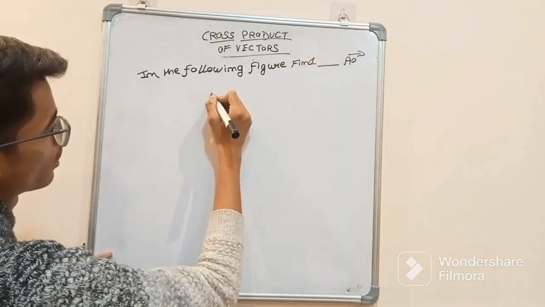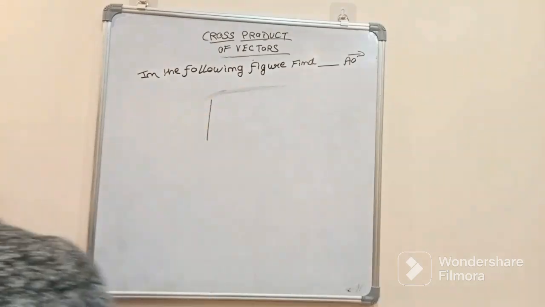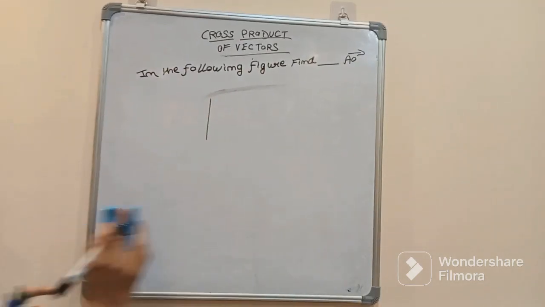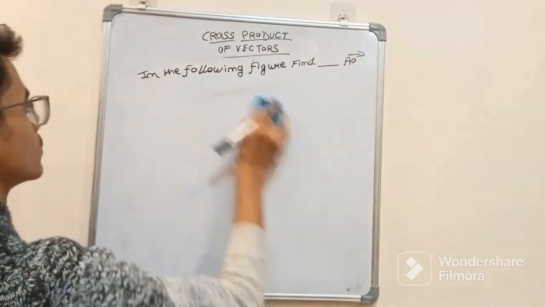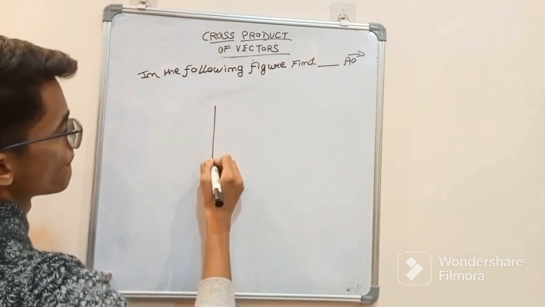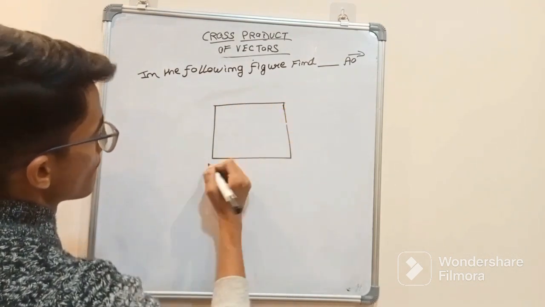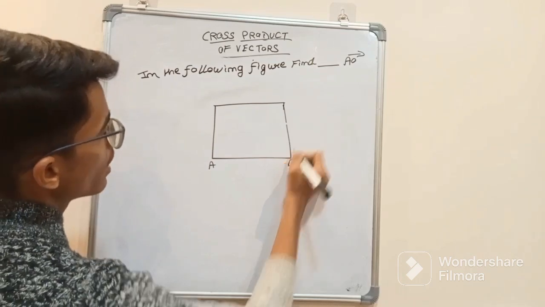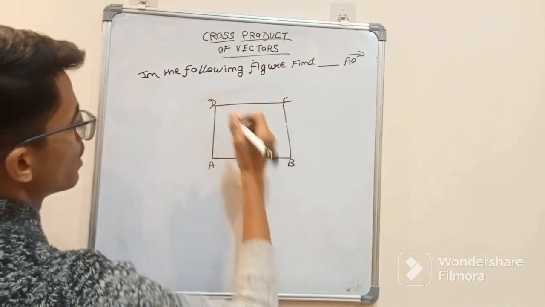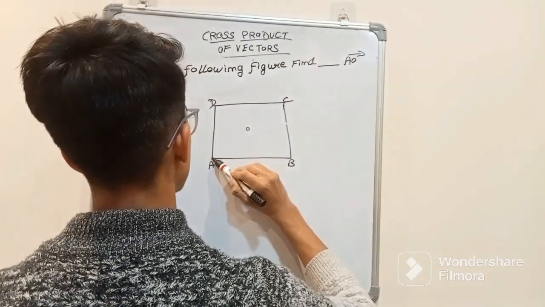Let me draw the diagram. We have A, B, C, D. We have a center at O and we have diagonals connecting.